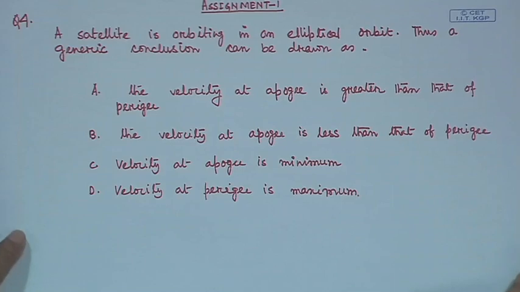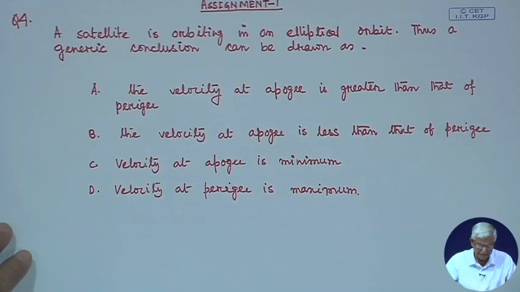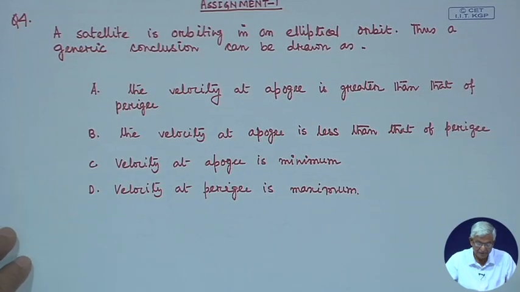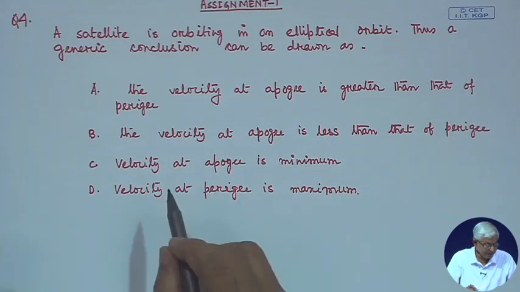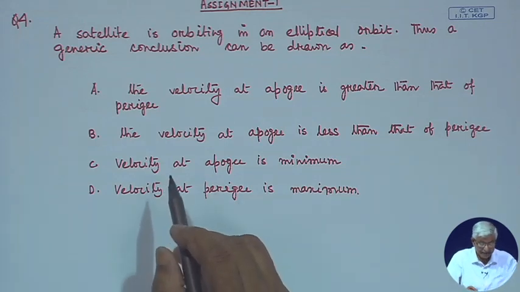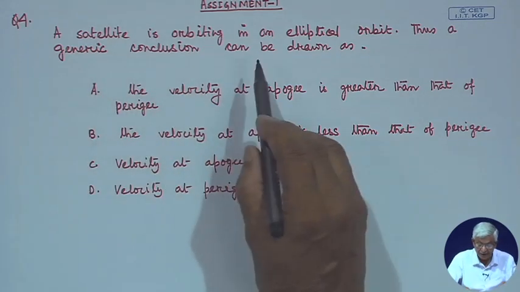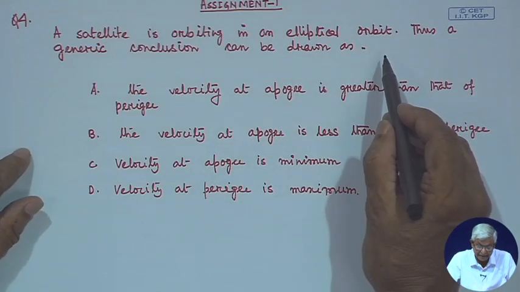But let us look at another problem, much earlier. Initially we talked about how simple this problem is. It says a satellite is orbiting in an elliptical orbit.